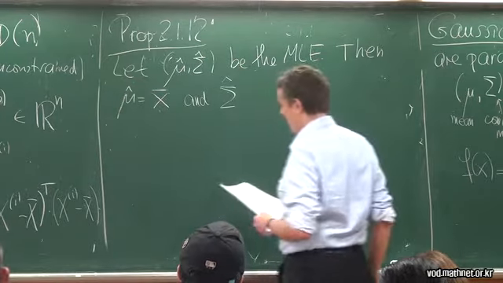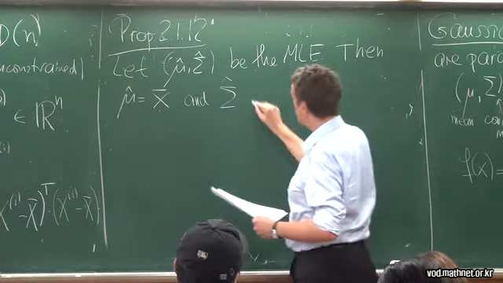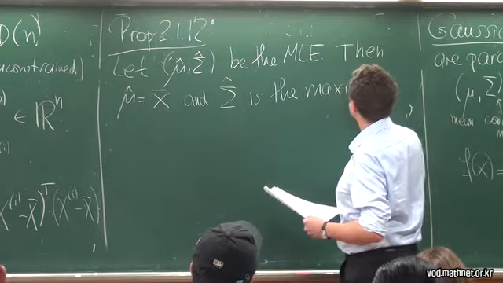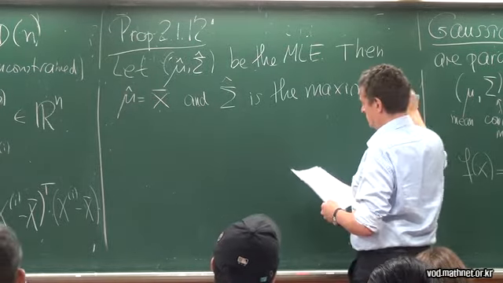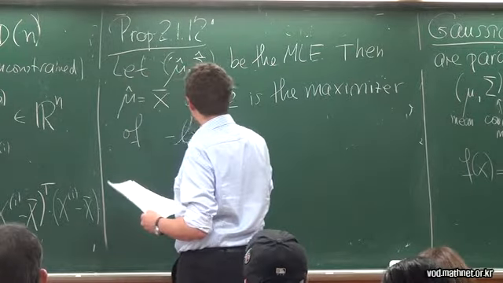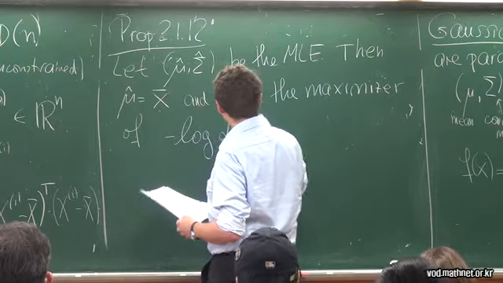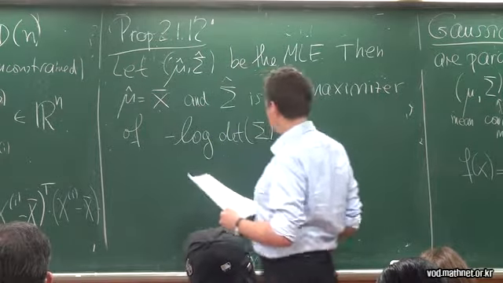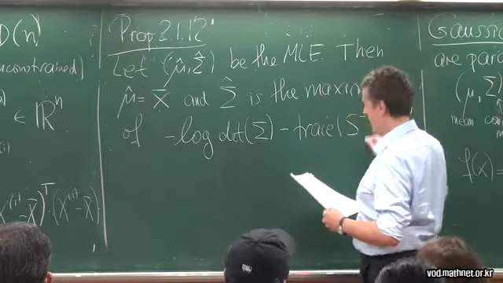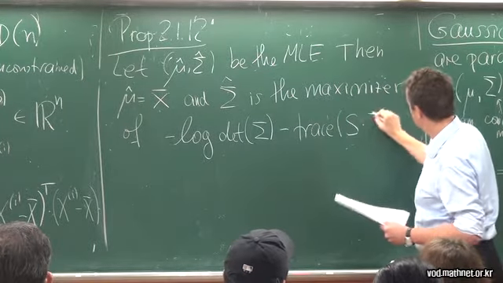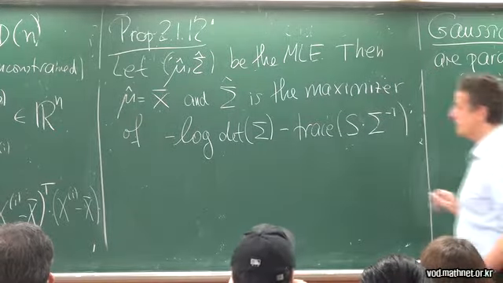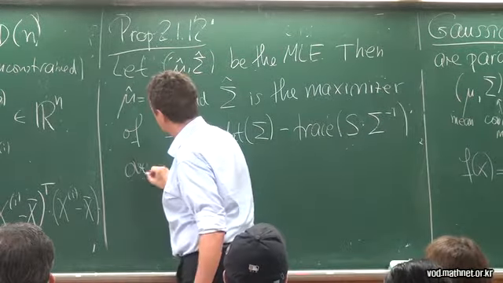The maximum likelihood estimate for the covariance matrix is the maximizer of the following function: minus the logarithm of the determinant of sigma, minus the trace of S times sigma inverse, the inverse of the covariance matrix, check me Alina, and we do this over Rainer's model.